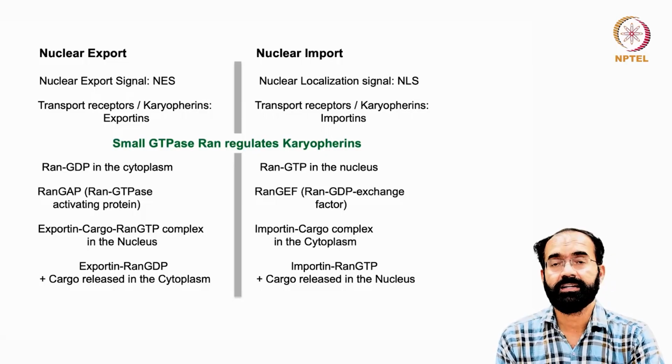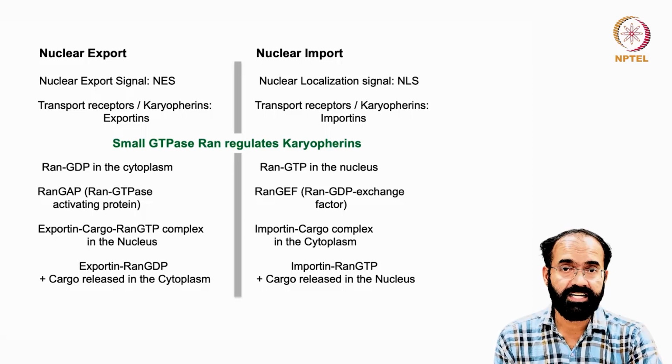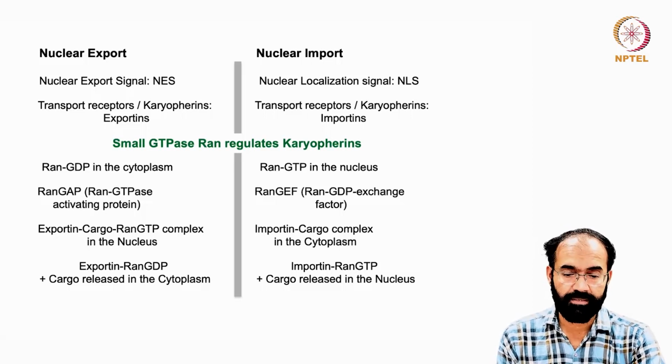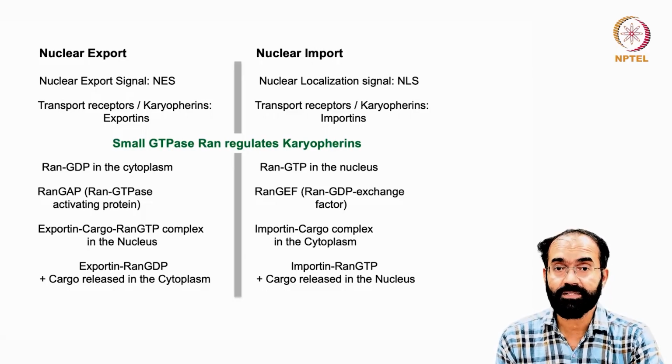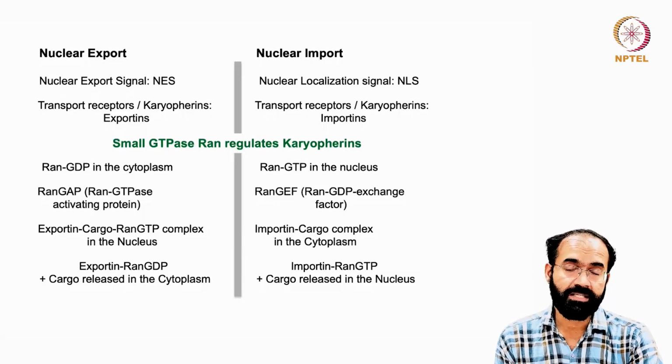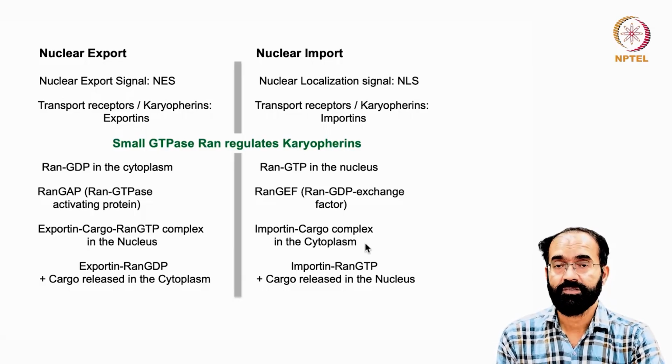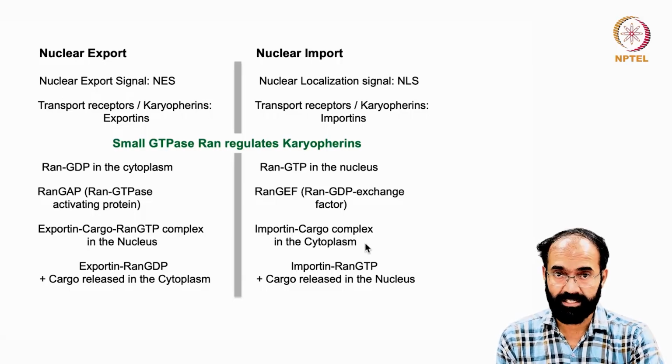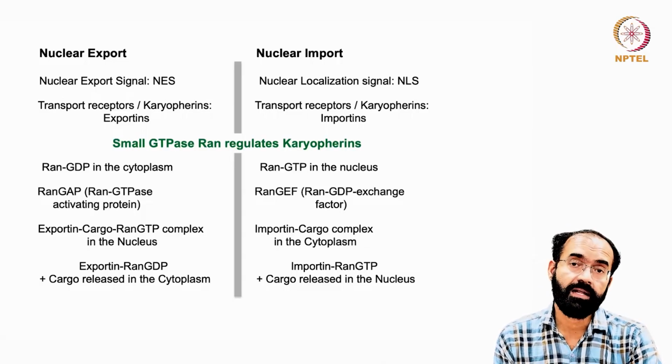The exchange factor is important for exchanging the GDP with a fresh GTP. So the importin cargo complex stays in the cytoplasm. Remember, earlier it was exportin in the nuclear export, now it is importin cargo. What is the cargo? The RNA which is present in the cytoplasm right now is the cargo, and importin RAN GTP plus cargo gets released in the nucleus.